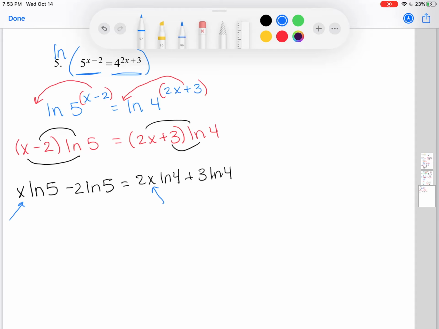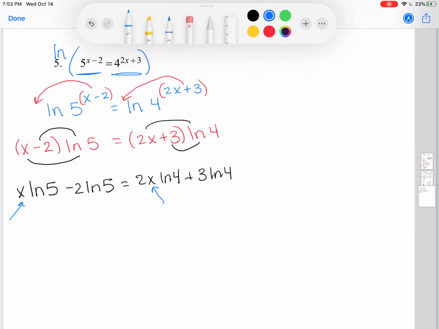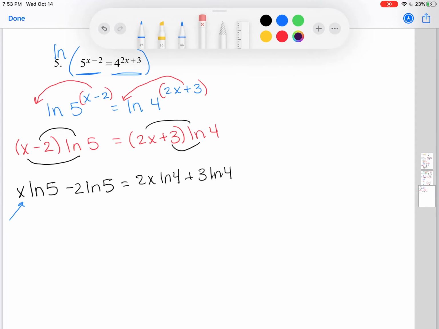If I want to solve for x, let's get all of my x terms to one side and every other term over to the other side. What I mean by that is if I want all my x terms on the left-hand side, for example, I want to subtract this 2x ln 4 here, and whatever I do to one side, I need to do to the other.